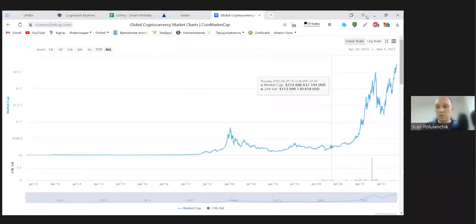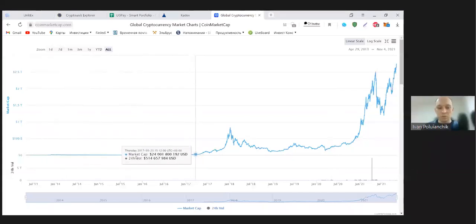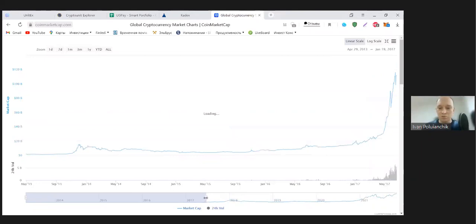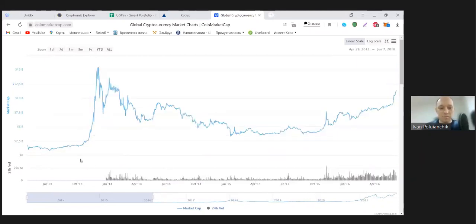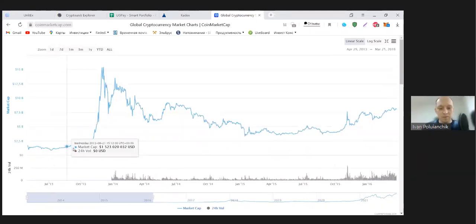If we make it full page, you will see that it seems that there is a straight line with no changes. But if you go back to the history before 2017 or even earlier, look, there was quite a high spike or jump in 2013, a spike on the market.